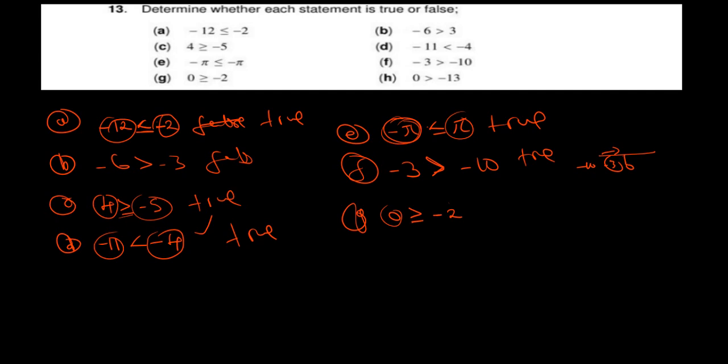Again, it can be equal at some point, so it depends on the situation. So this is true. Now H, we are saying 0 is greater than negative 3. Is this true? Yes, it's true. As numbers go to positive, negatives are less than. Those which are bigger are greater than the one approaching 0. So that's it about this one.